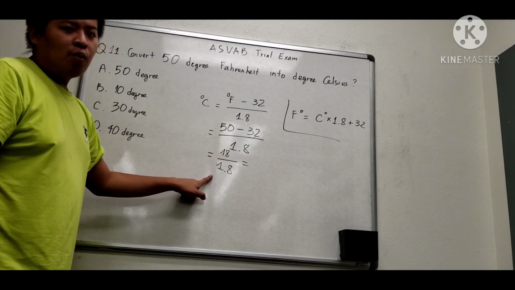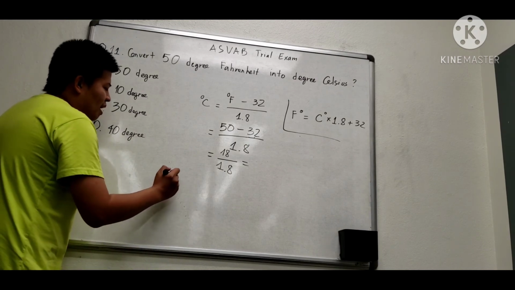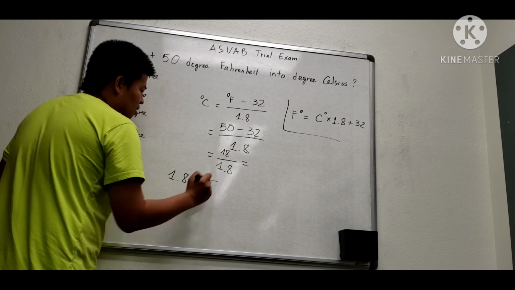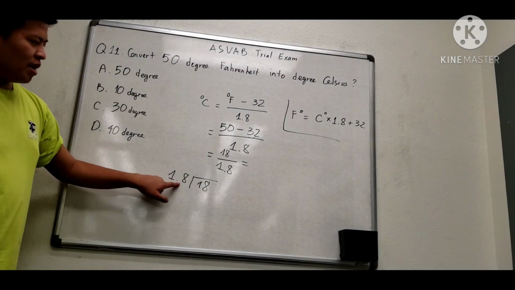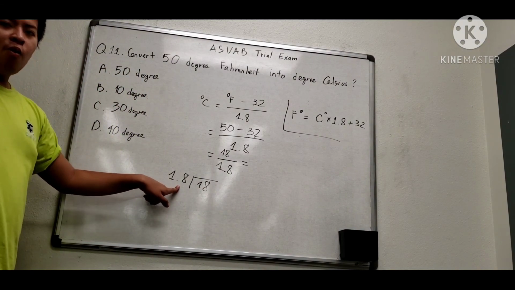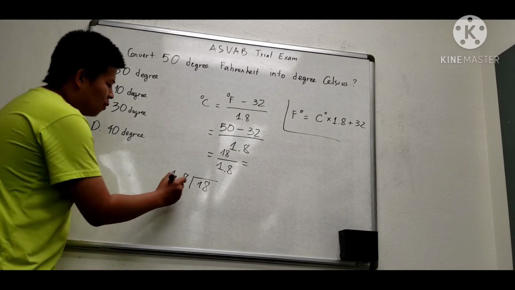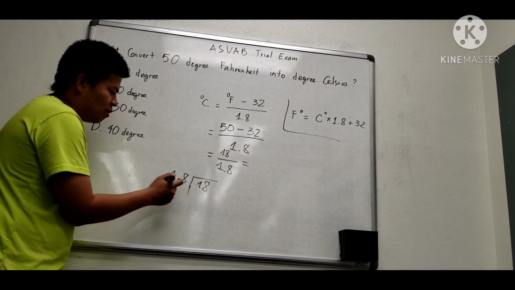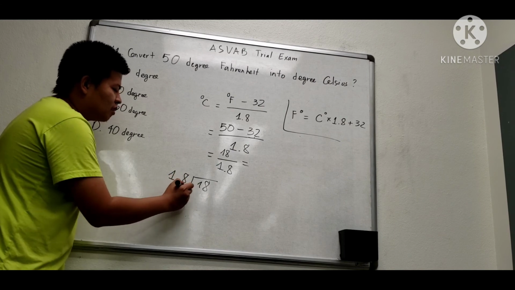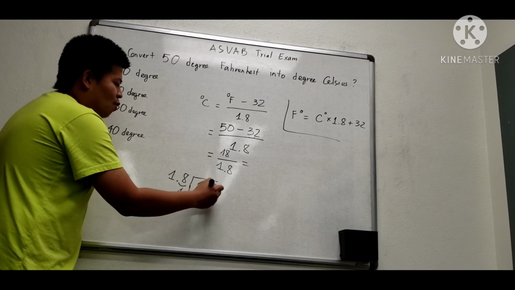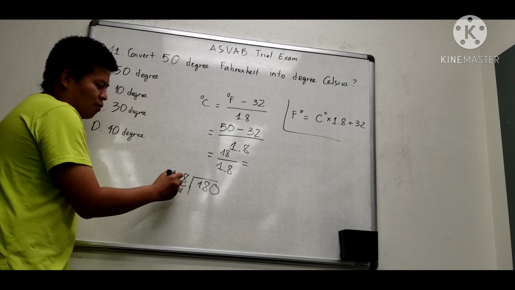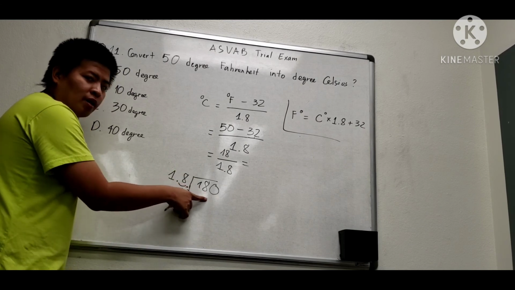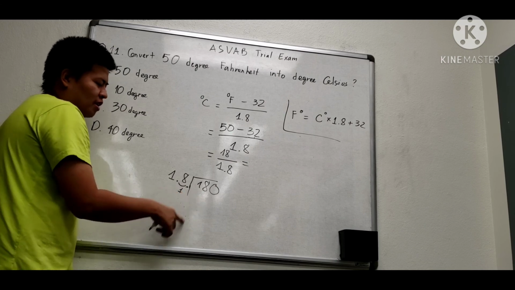18 divided by 1.8, you put the division like this. Here you have 1 decimal, and only one number behind the decimal, so we will have a 0 here, and we move the decimal to the right, so you get another 0 here.